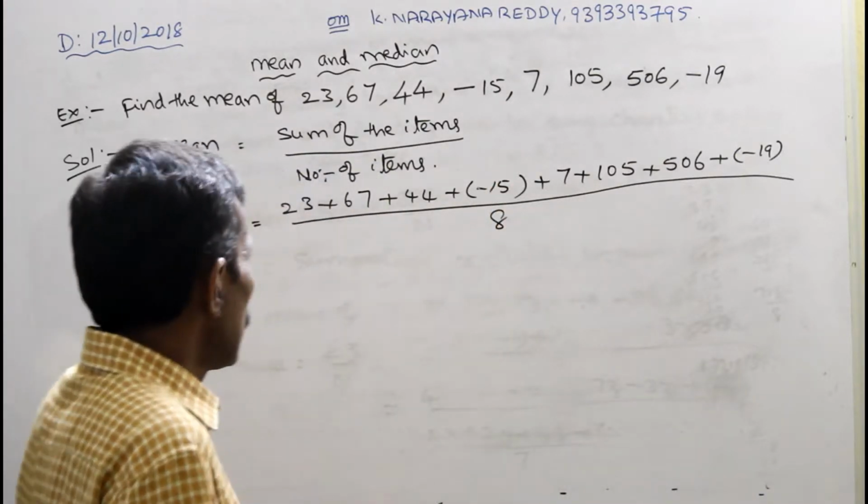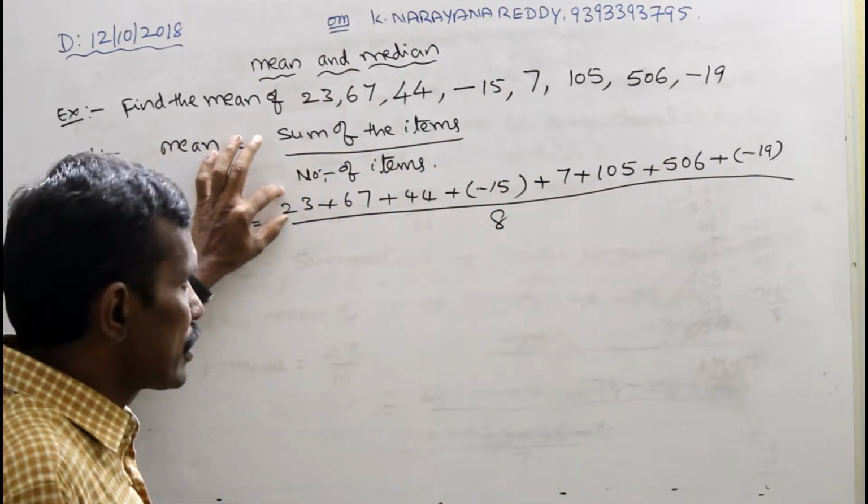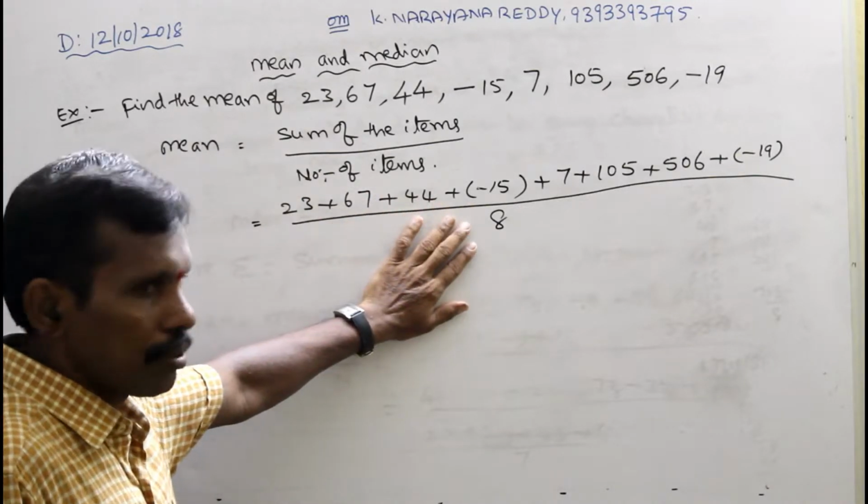That is 8. This is summation sigma x by capital N, the number of items.